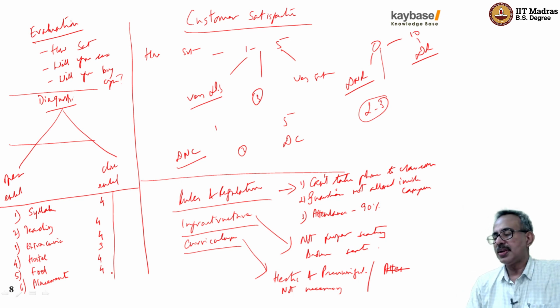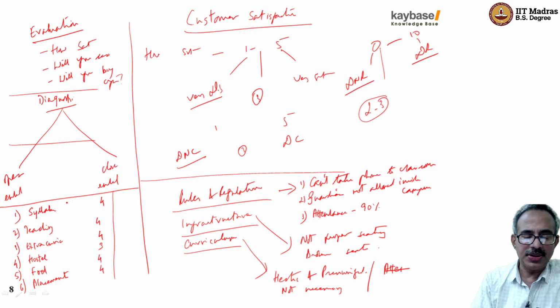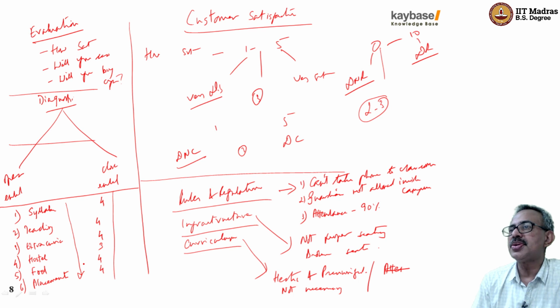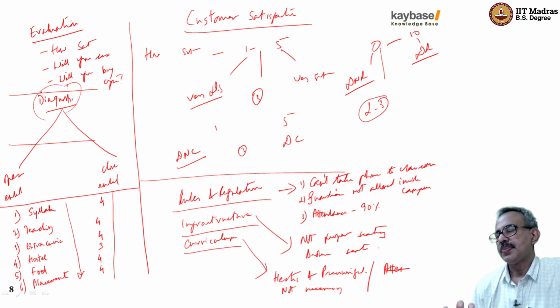Okay? One thing in customer satisfaction questionnaire that we should remember is that I asked you some questions here. Is this the complete list of questions related to business school? Not necessarily. So I must draw up the questionnaire very carefully. Whatever dimensions I have under this diagnostic parameters, that should be a complete list. Otherwise, I'll be missing out important information.